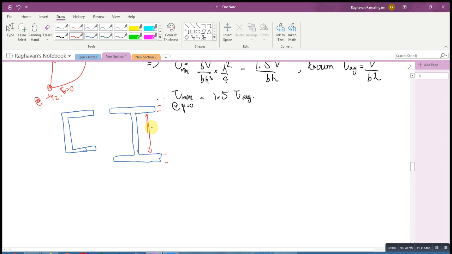Depending on that, your shear stress distribution shape will change.